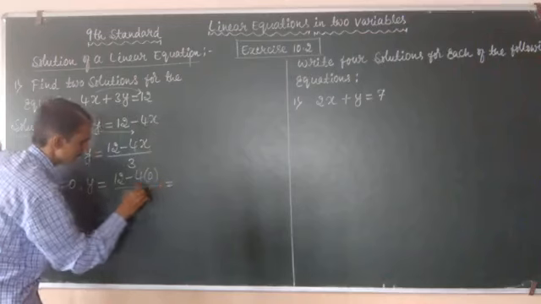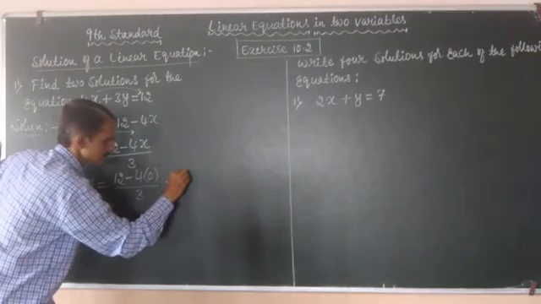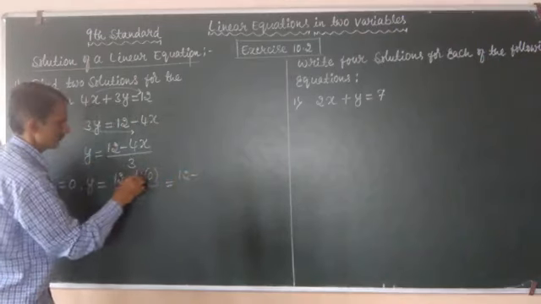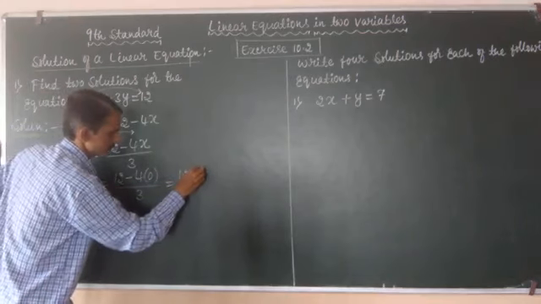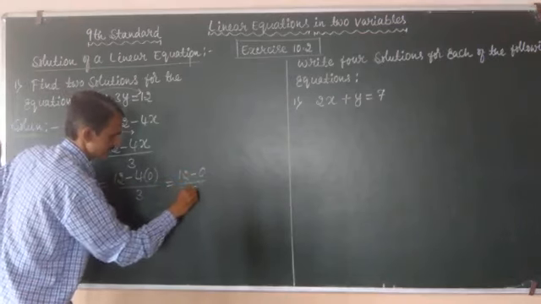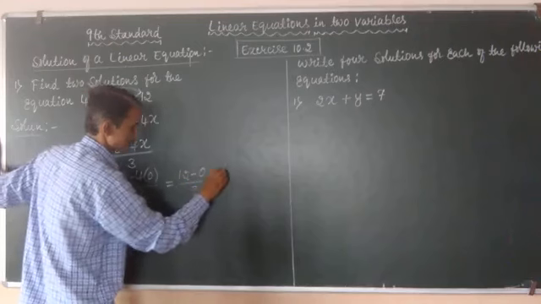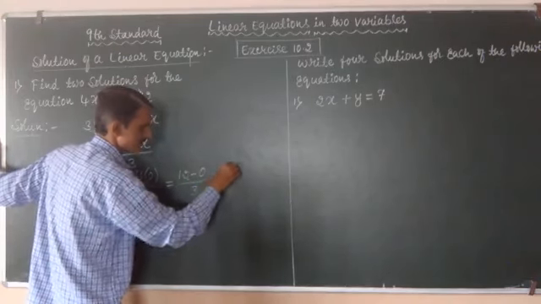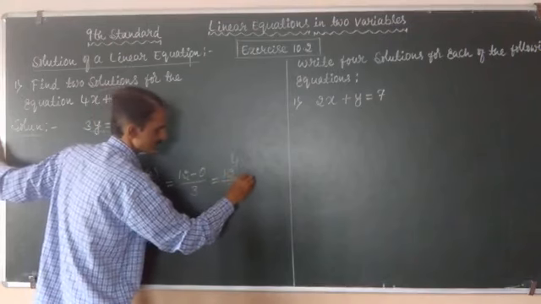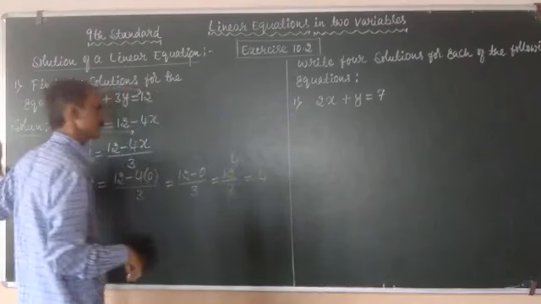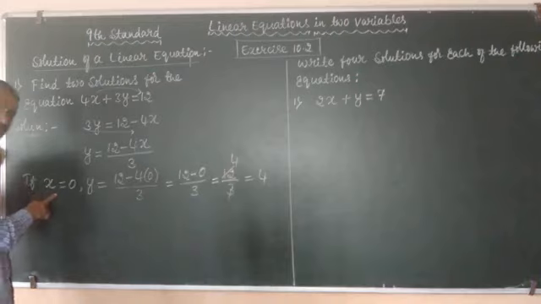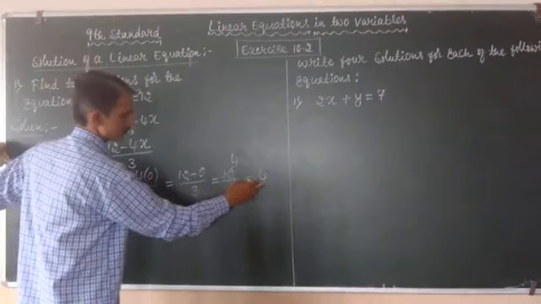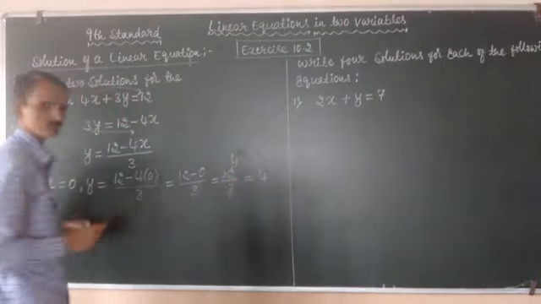So it will be 12 minus 4 into 0, which is 0, by 3. So this will become 12 by 3, and 3 fours are 12. Therefore, when x equals 0 we got the value of y as 4.